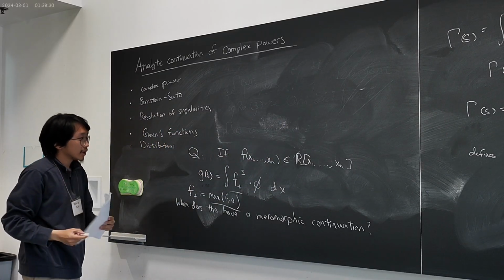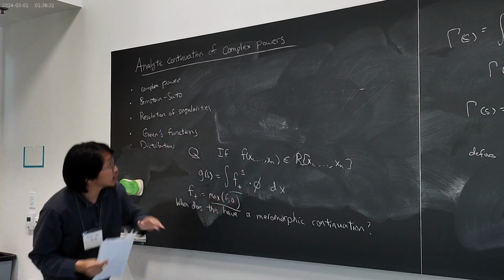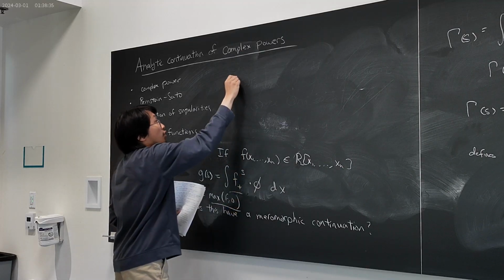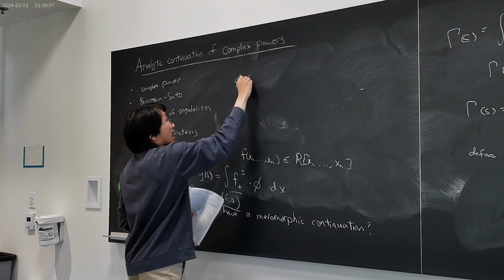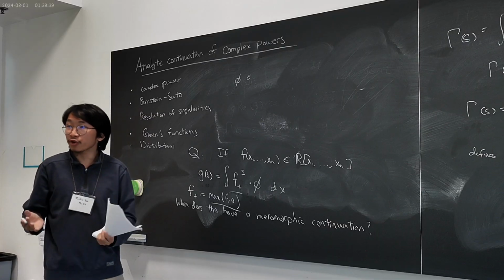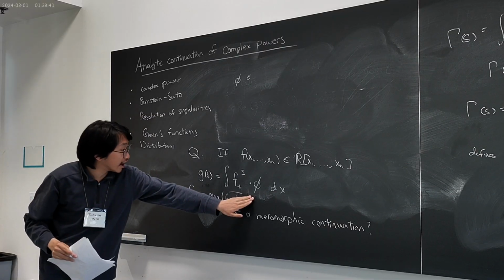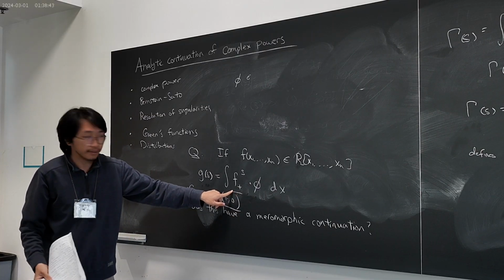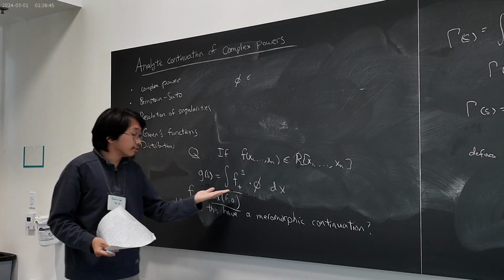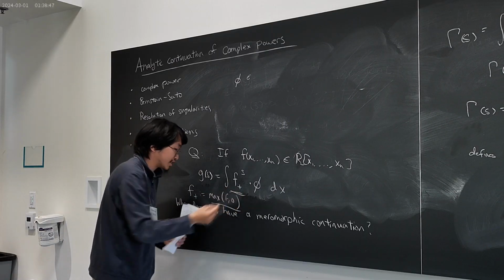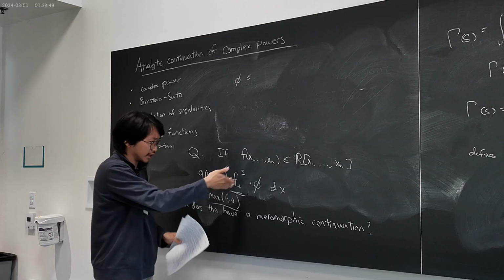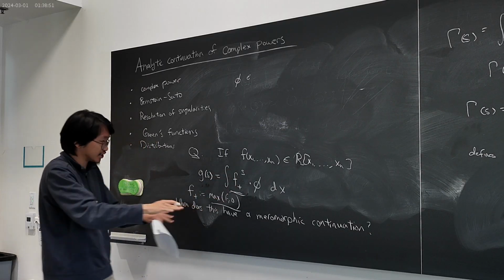Now, I alluded to earlier that in this expression, I want to take phi to be a compactly supported smooth function, so that you can integrate phi against any, well, in this case, this is actually a smooth function as well, except where it hits 0.